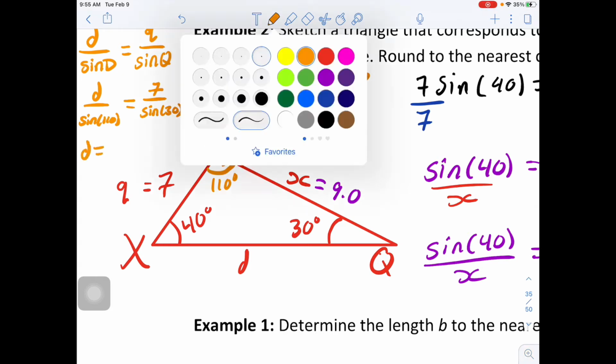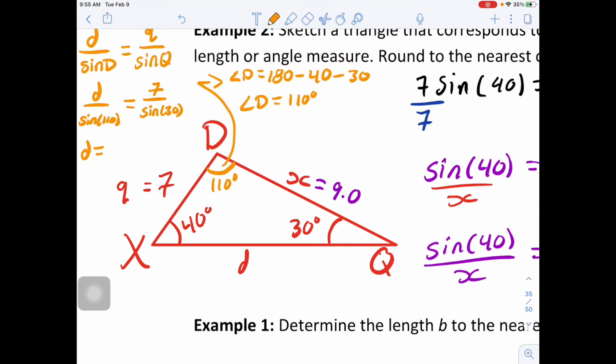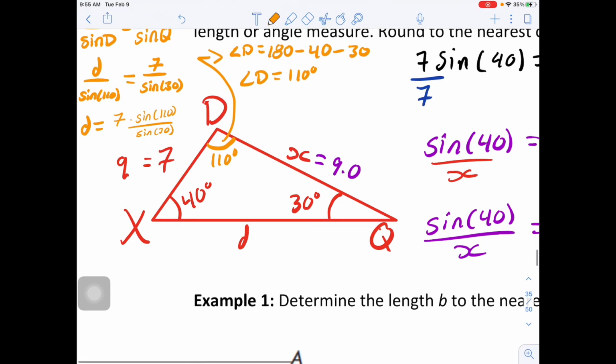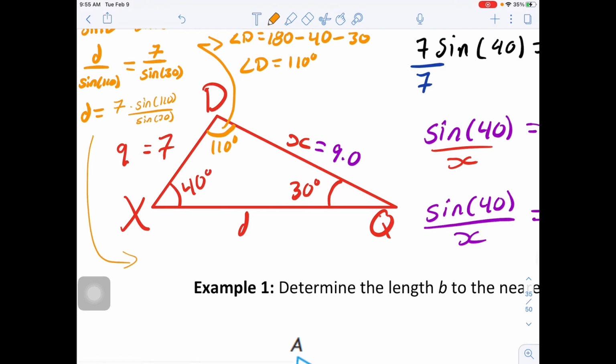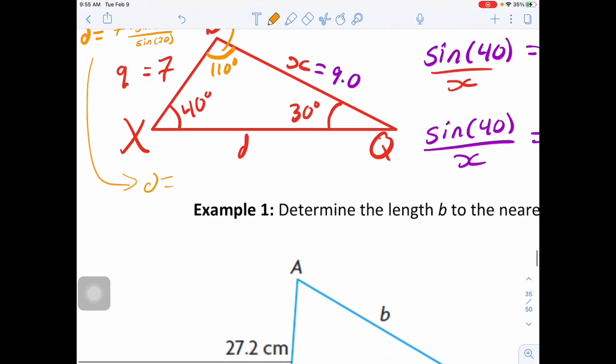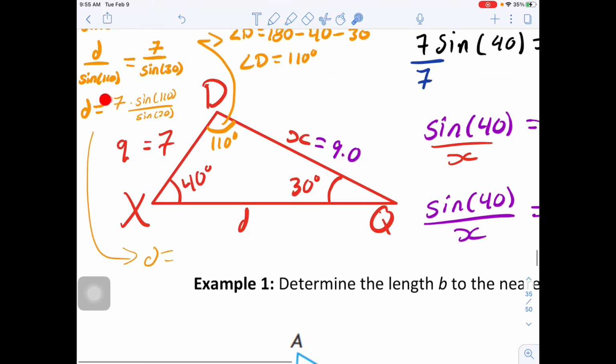So d will equal, let's get a skinnier pen here, 7 times sine 110 over sine 30. And now we have the ability to know what d is. I multiplied both sides by sine 110, and it canceled out sine 110 over here, giving me my solution.